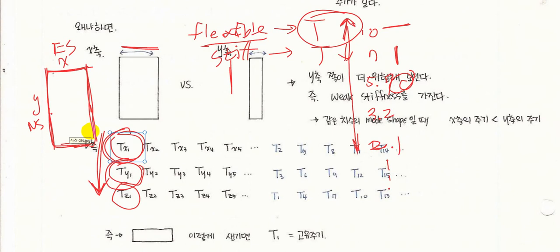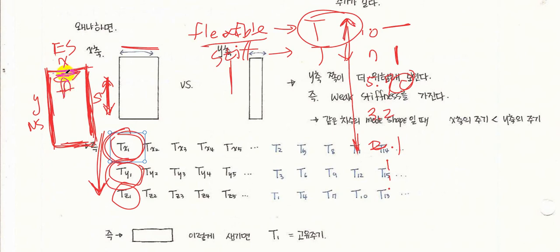If you see over there, in this direction we have a lot of walls, right? Longer walls than in this direction. So this direction looks stiffer, and this direction looks flexible. Understand? Why flexible?